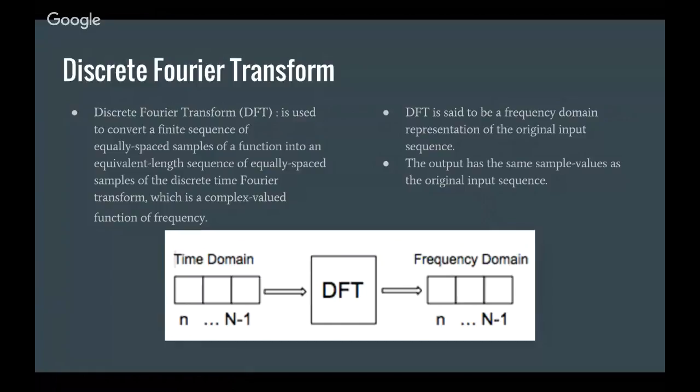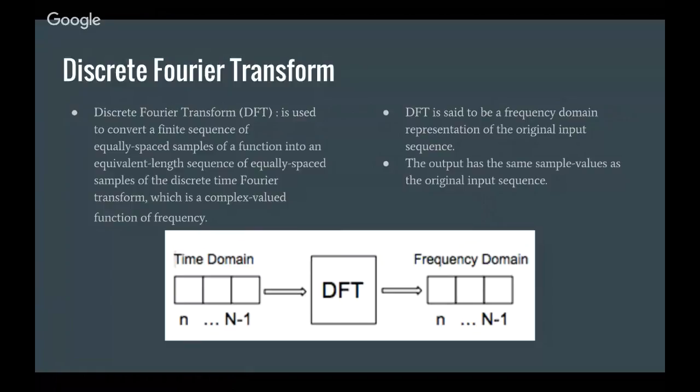So here at the bottom, I just have an image that we created just to show that we take a time domain, and through DFT we move into the frequency domain.